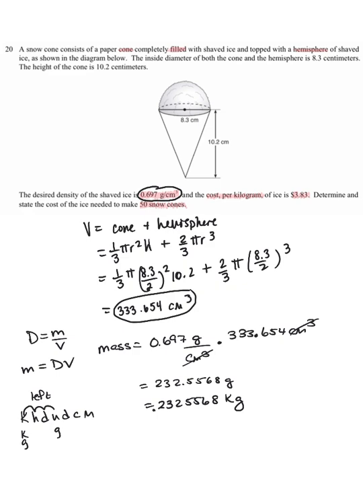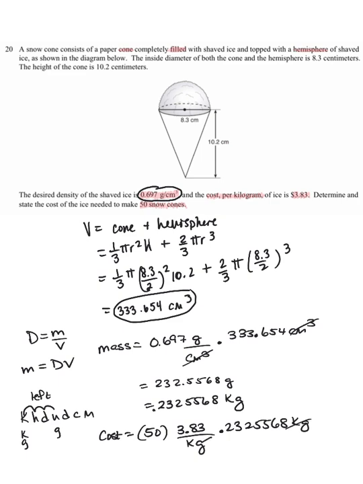At any rate, then it says the cost per kilogram of ice is $3.83. So it's $3.83 per kilogram. So you want the cost of 50 cones. So we're going to have 50 cones times $3.83 per kilogram times 0.2325568, right, kilograms.